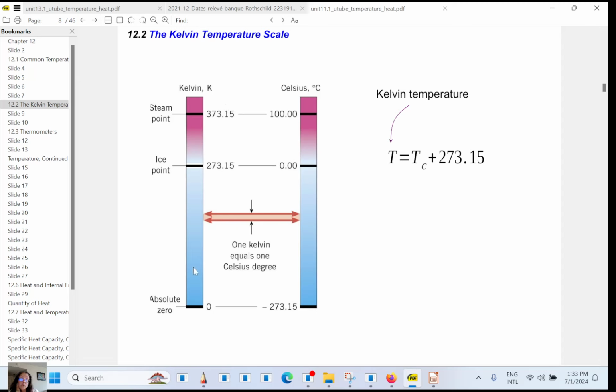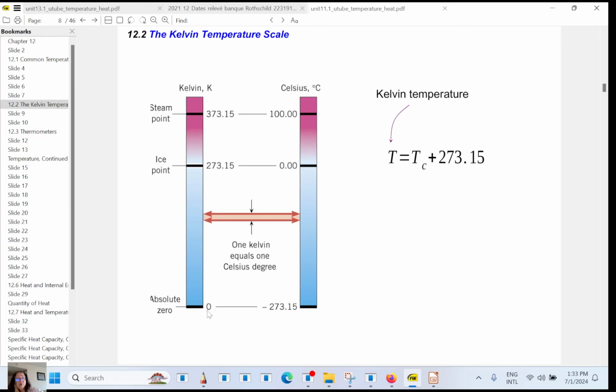So it's an absolute temperature scale, and they are using that absolute zero here. So at that temperature, everything will reach its lowest energy level. We cannot reach it though.